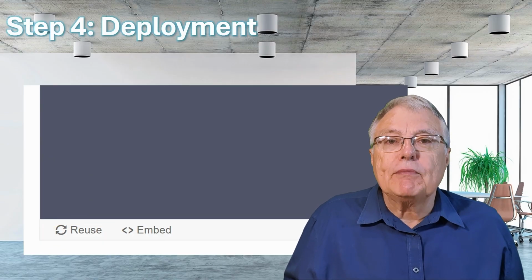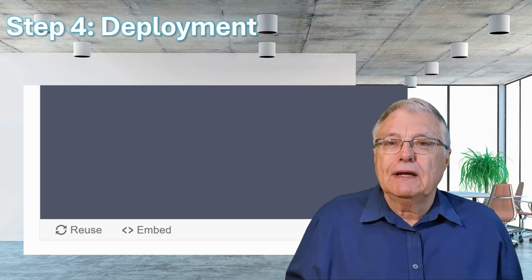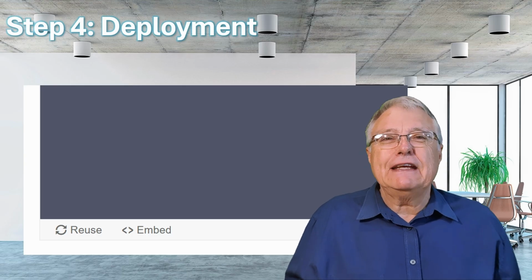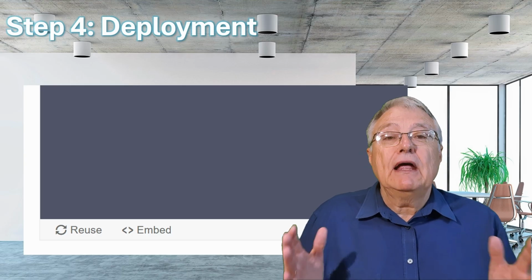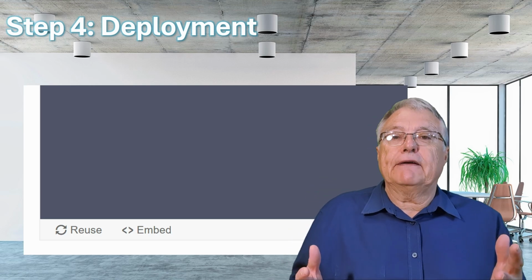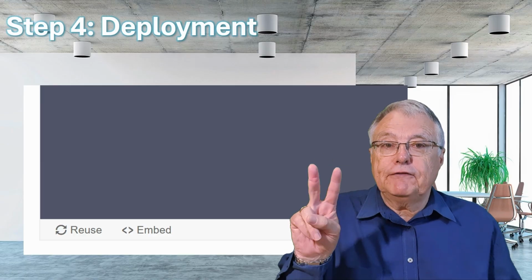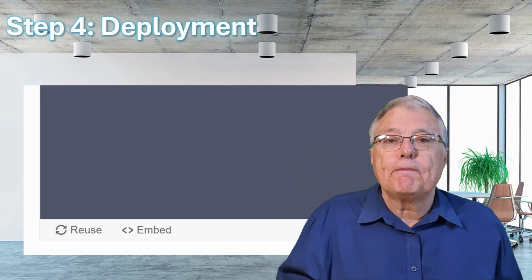Step 4 is deployment, getting your interactivity into the hands of learners. If you created your interactivity inside a learning management system and your plan is to deploy it there, then your job is already done. If you want to display it elsewhere as well, you have two easy options.